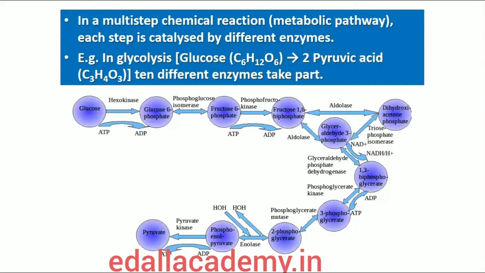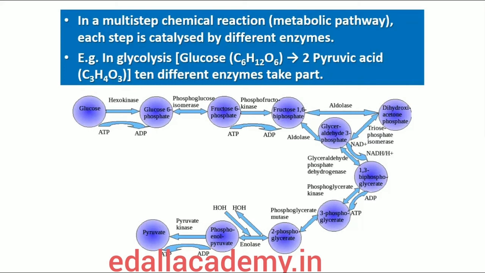A multi-step chemical reaction, when each of the steps is catalyzed by the same enzyme complex or different enzymes, is called a metabolic pathway. For example, glucose is converted into 2 molecules of pyruvic acid. It is generally called glycolysis. Refer to the equation.